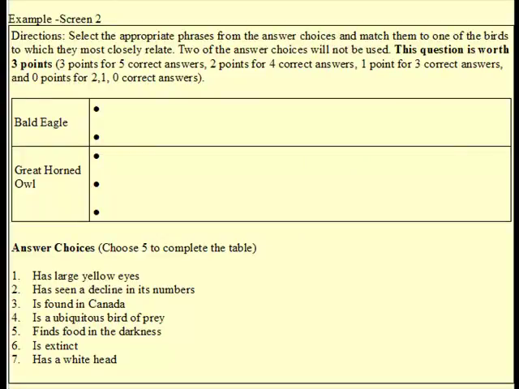Hence, it can be determined from this information that the owl has large yellow eyes, is a ubiquitous bird of prey (ubiquitous means very common), and finds food in darkness.